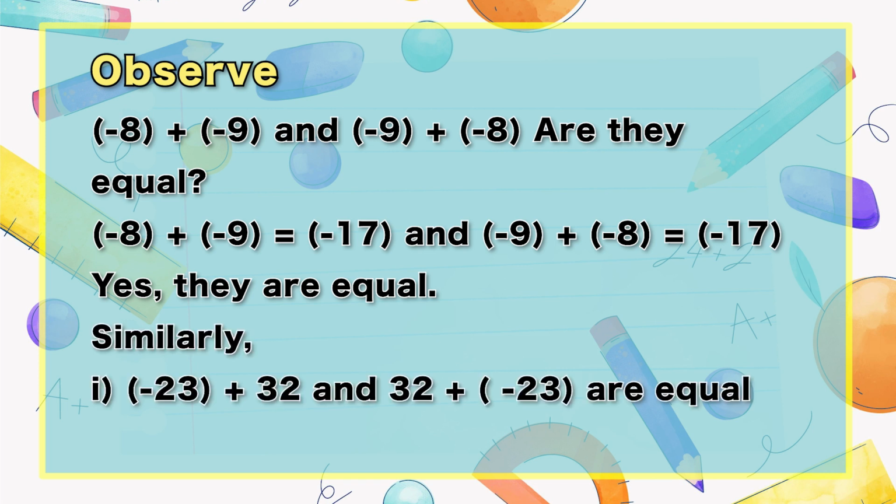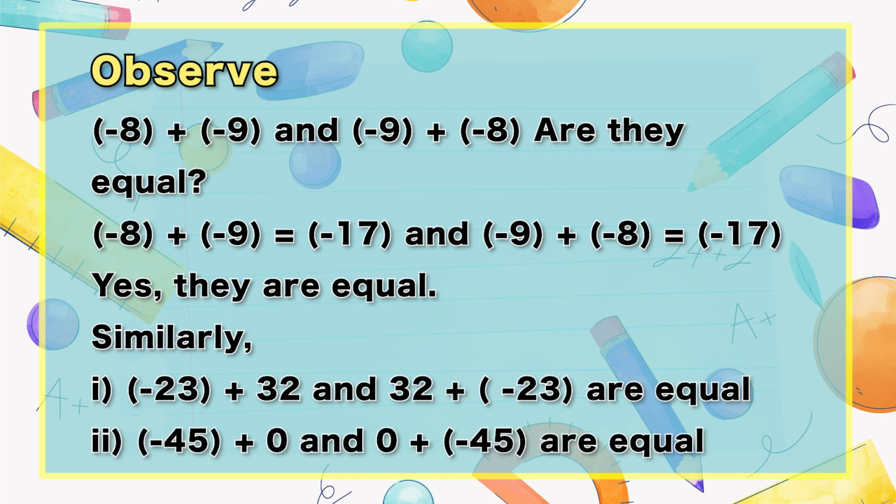Similarly, minus 23 plus 32 and 32 plus minus 23 are equal because both give the same result, 9. Minus 45 plus 0 and 0 plus minus 45 are also equal because in both the cases we get the same result as minus 45.